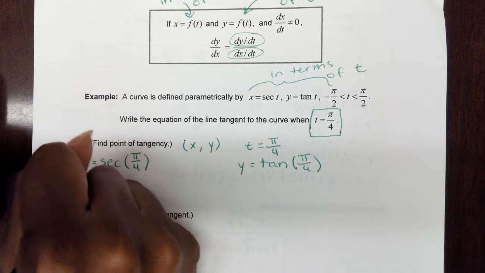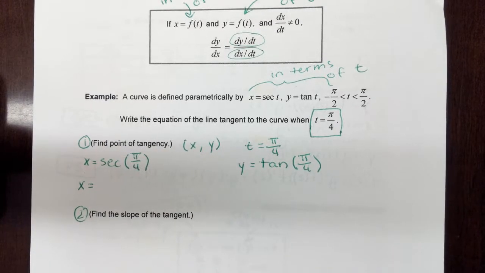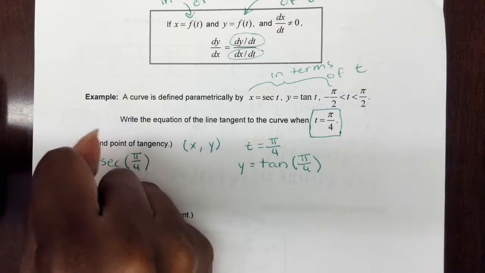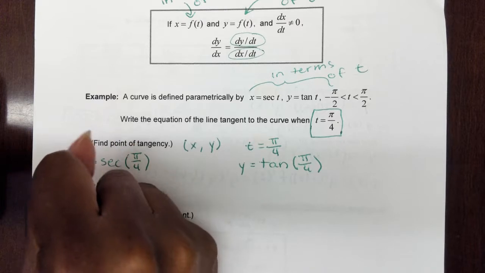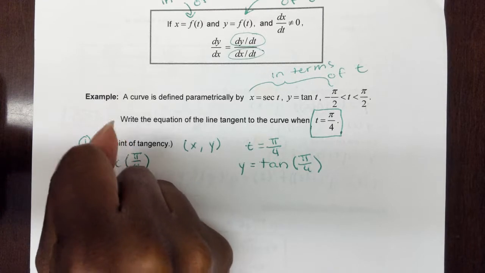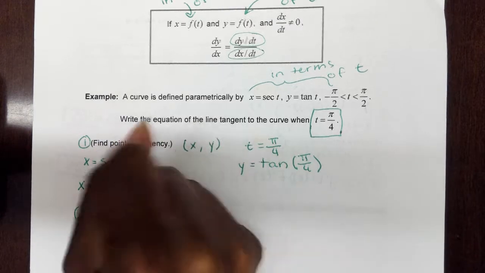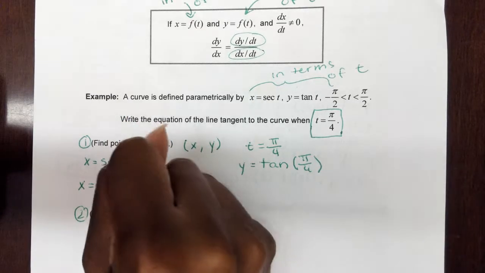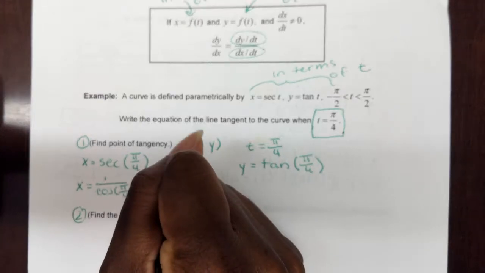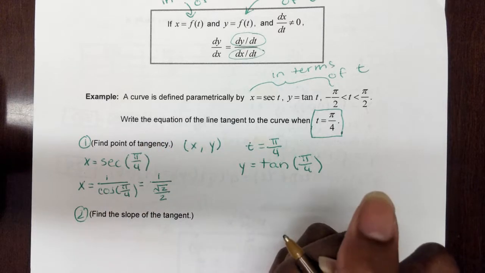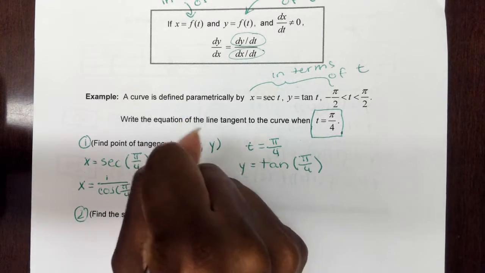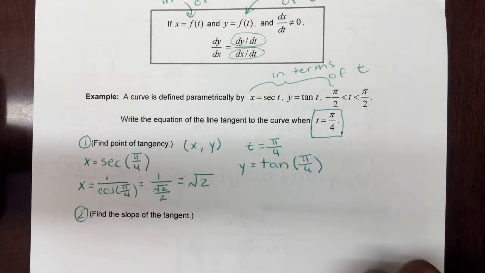So x is equal to one over cosine pi over 4, which is equal to 1 over root 2 over 2, which reduces to square root of 2.